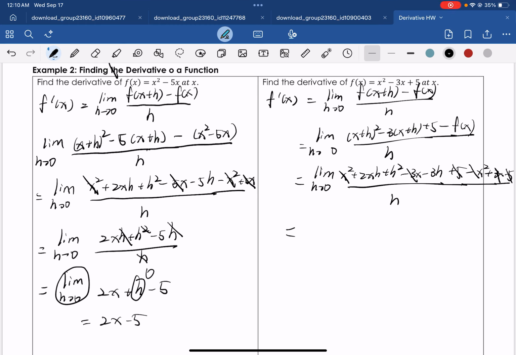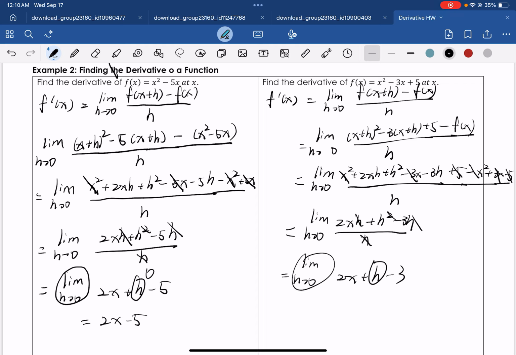What we are left with is 2xh plus h squared minus 3h in the numerator, and h in the denominator. Then we cancel the h out, leaving the limit as h approaches 0 of 2x plus h minus 3. As h goes to 0, the expression becomes 2x minus 3.